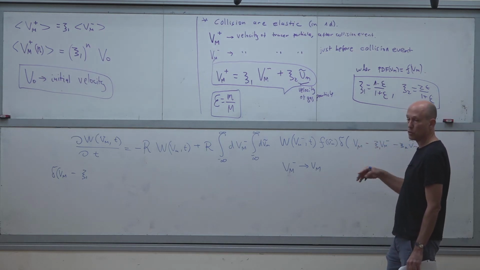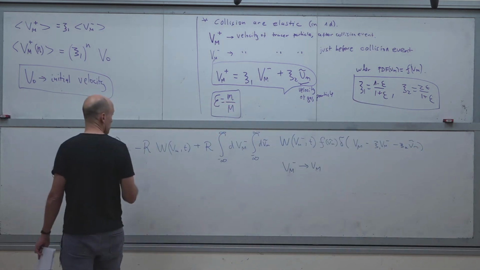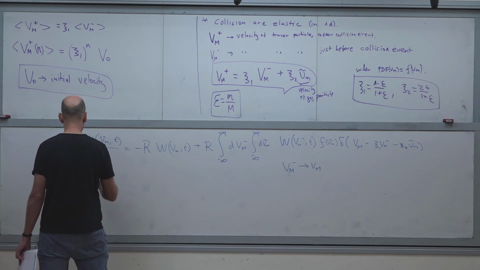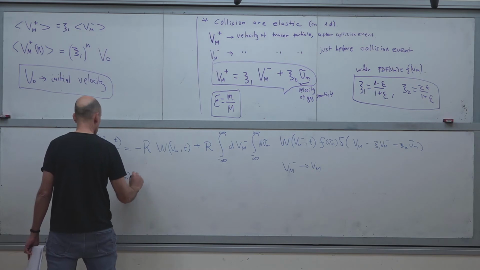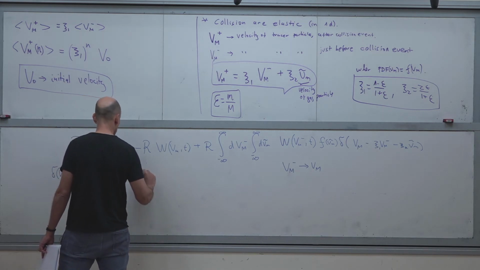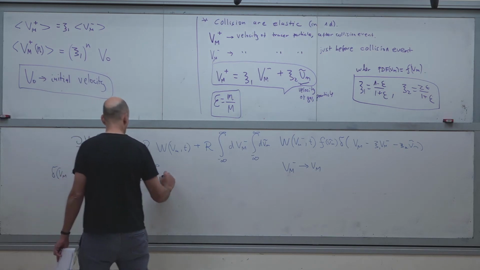That will give you something in the Jacobian of the transformation. So let us see this briefly. This is Vm minus psi2 Vm tilde, which is a representation of the delta function. But I think you all know this.